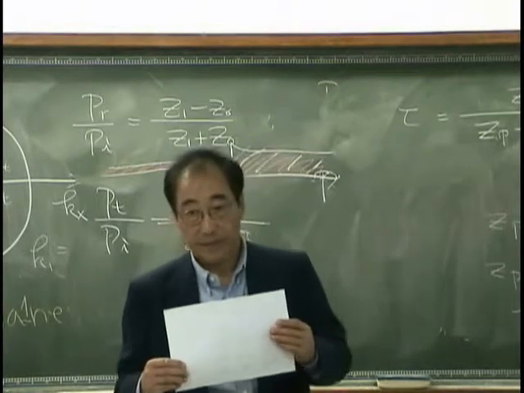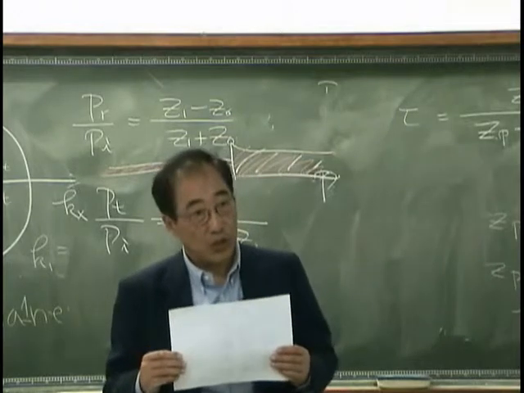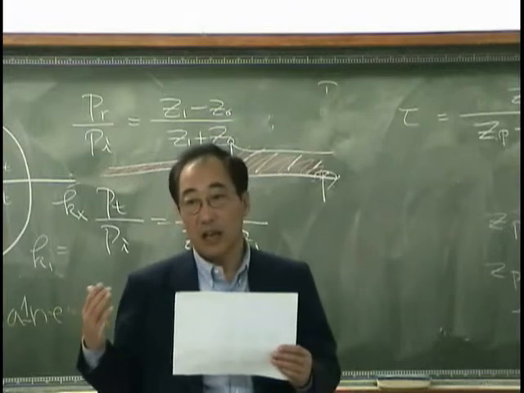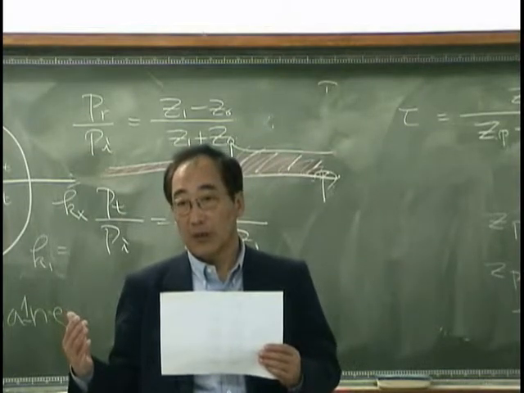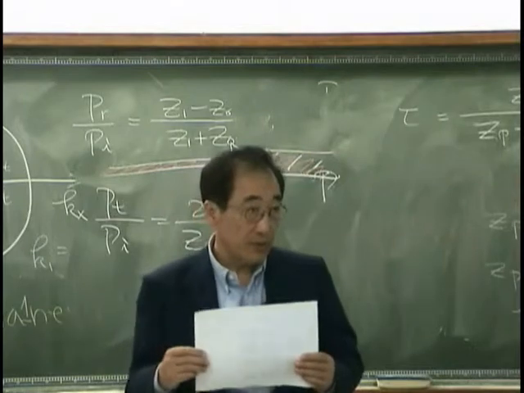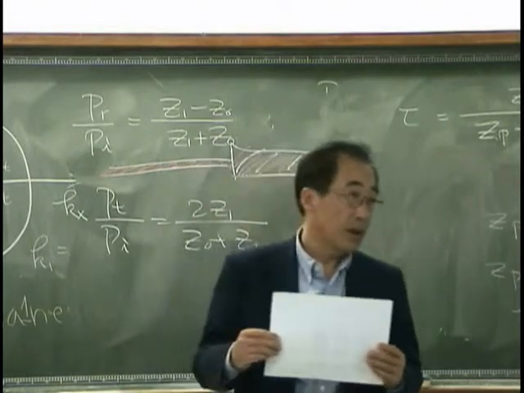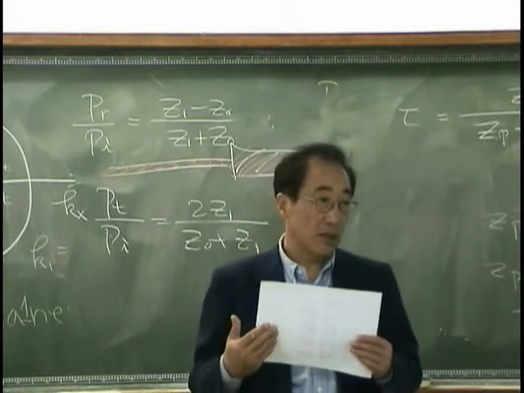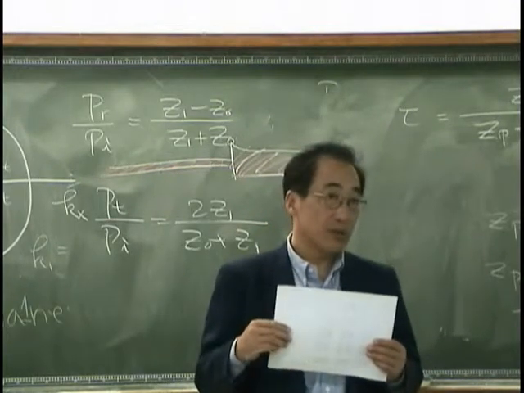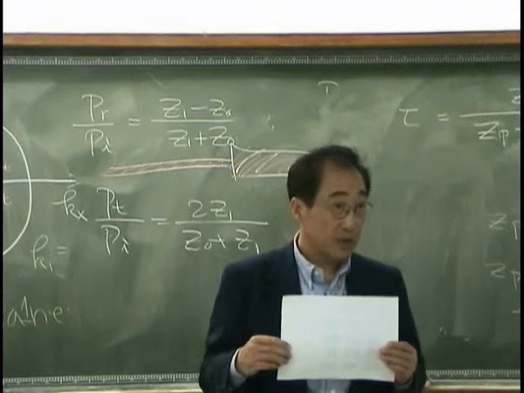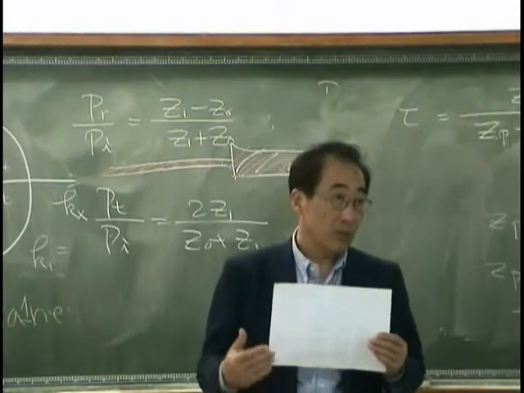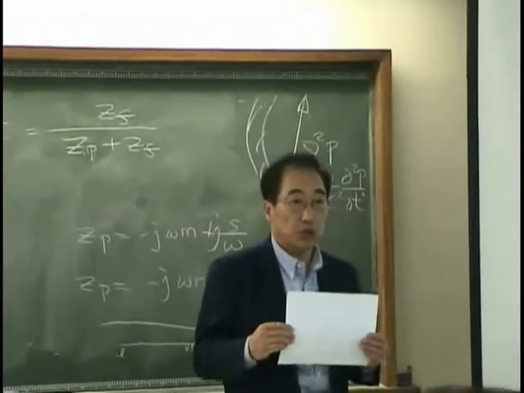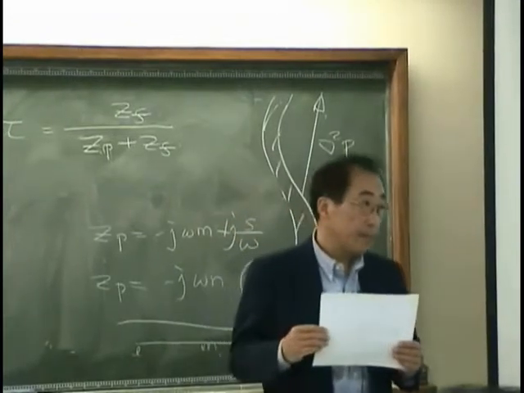And transmission loss in the high frequency region, meaning high frequency compared with the resonant frequency of this partition, obeys mass law. Low frequency, meaning lower than the resonant frequency region, obeys stiffness law. But at the resonance, the transmission loss should pretty much be dominated by damping.